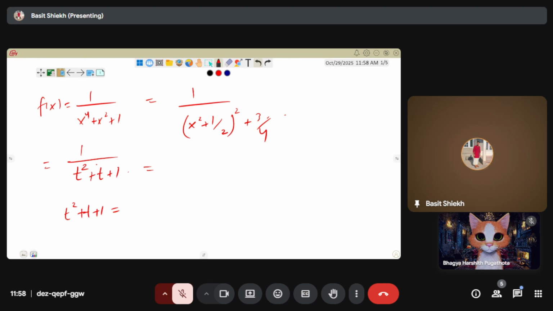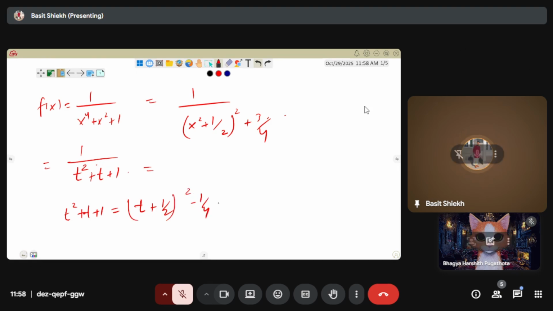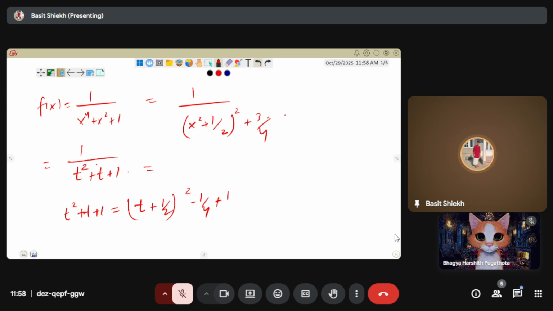This can be written as t square plus t plus 1 by 2 t. Then we need 1 by 2 square, which is 1 by 4, minus 1 by 4. Then we have again 1 here. So this will become t plus 1 by 2 whole square plus 1 minus 1 by 4, which is 3 by 4. So this can be written as x square plus 1 by 2 whole square plus 3 by 4, which I have written here.